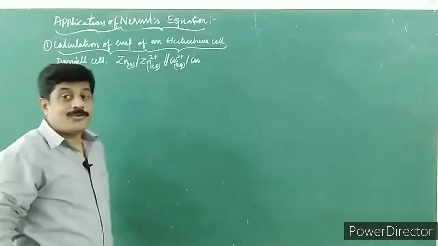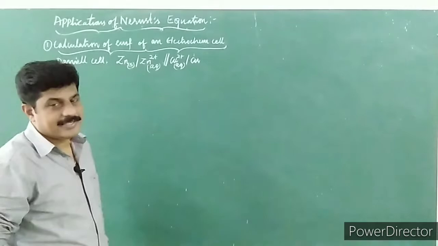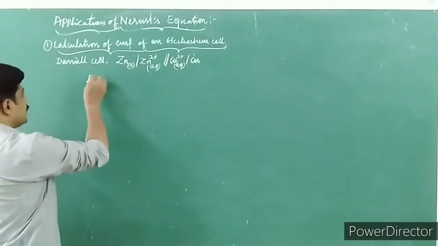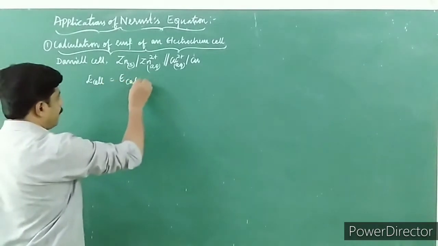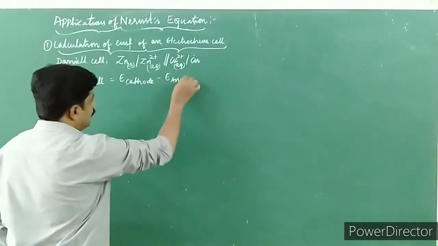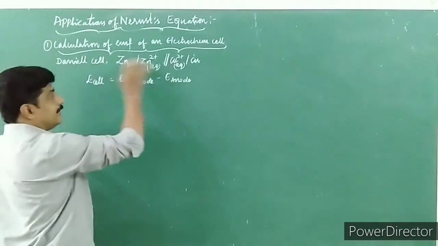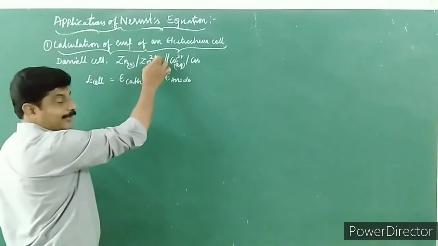And you know how to find out the cell potential or EMF of a cell by using the formula E cell is equal to E cathode minus E anode. Look at here, in this Daniell cell, this is the cathode and this is the anode, is it not?